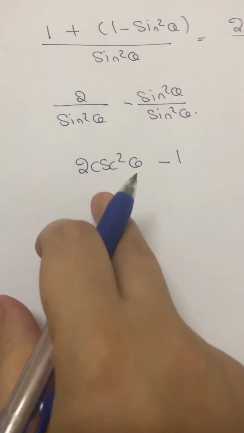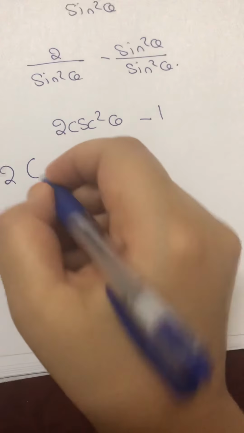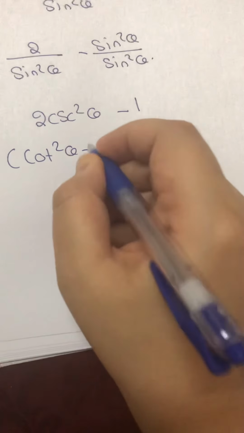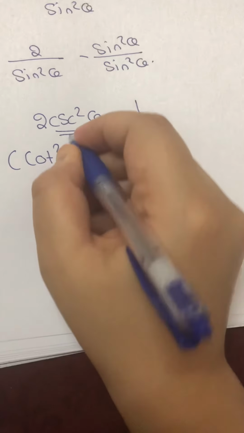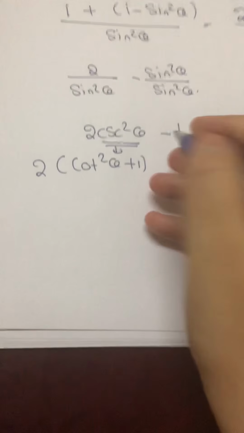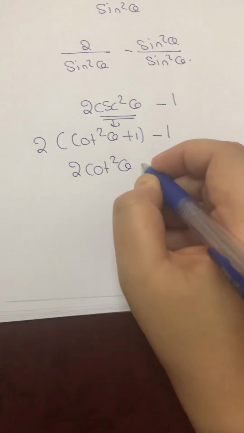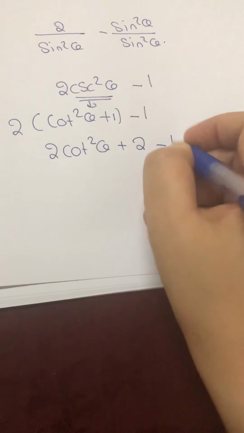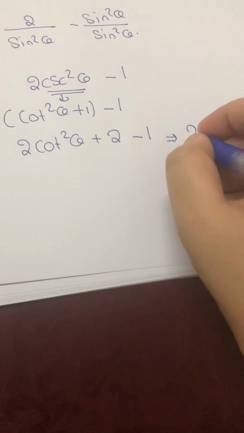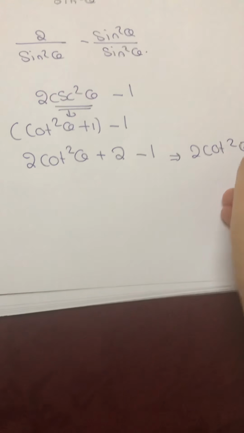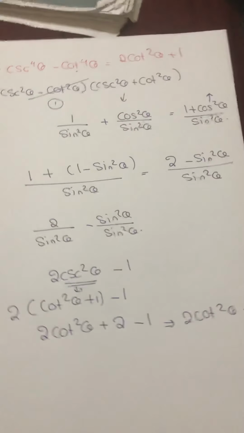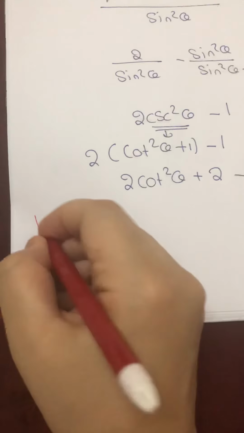Let me remove the cosec and write it as cotan squared theta plus 1. I changed this because I can see the answer has cotan. So I'm getting 2 cotan squared theta plus 2 minus 1. So I'm getting 2 cotan squared theta plus 1, and this is the answer regarding question number 17.